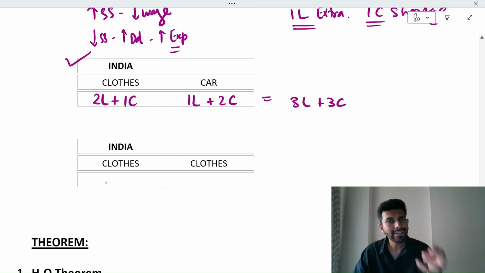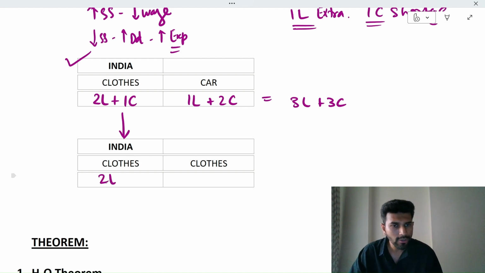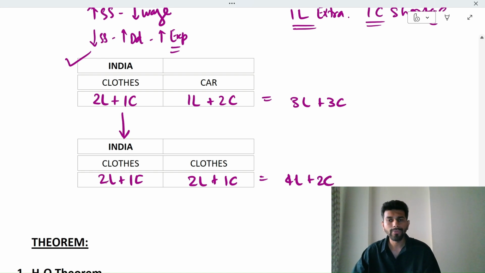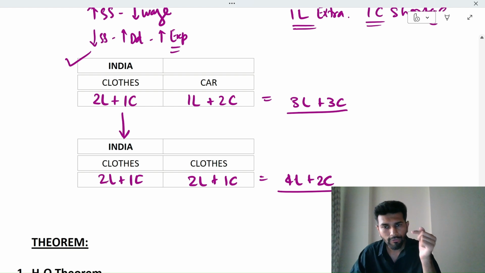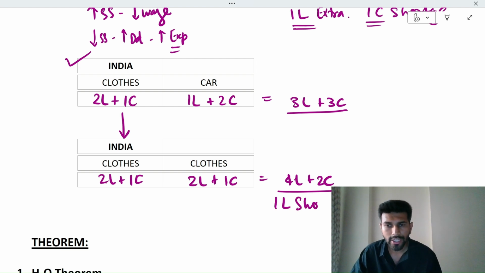But India is a labor abundant country, so India should produce cloth and not produce cars. So it will require 2 labor and 1 capital each. In total, it will require 4 labor and 2 units of capital. Earlier we had 3 units of labor. Now we require 4 units of labor. So we are short by 1 labor.